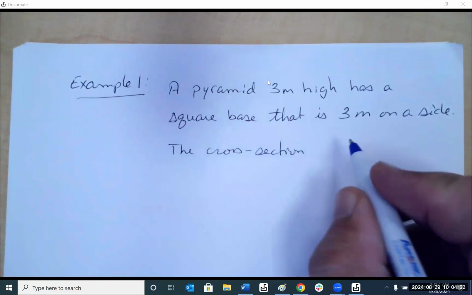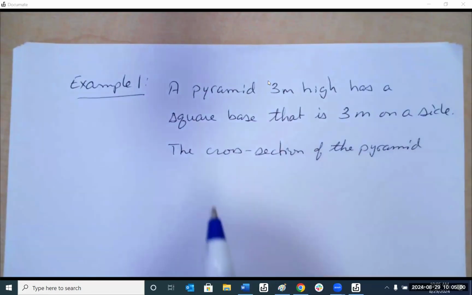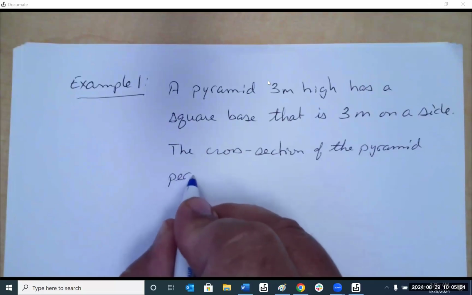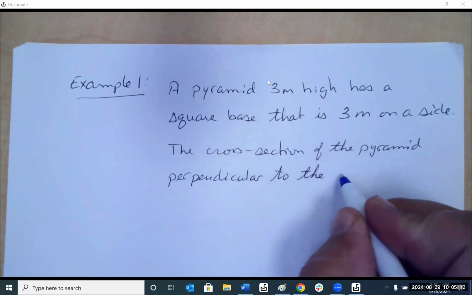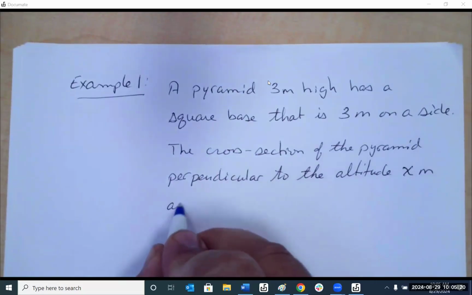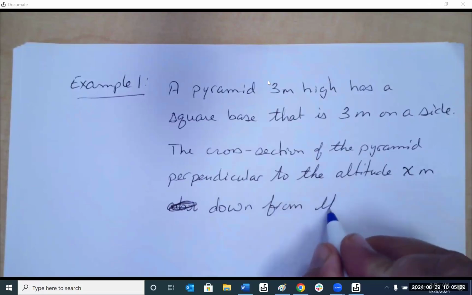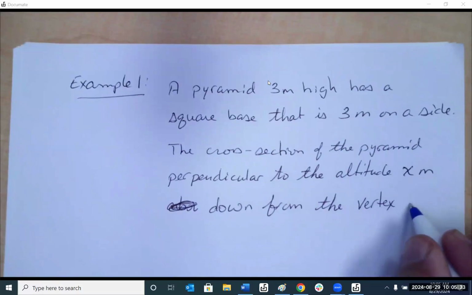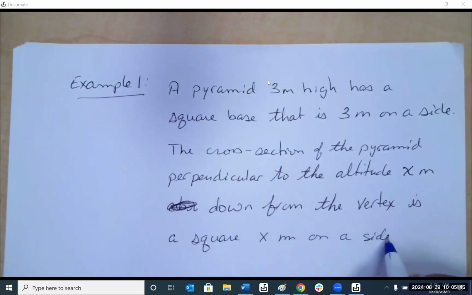The cross section of the pyramid perpendicular to the altitude x meters down from the vertex is a square x meters on a side. Find V.